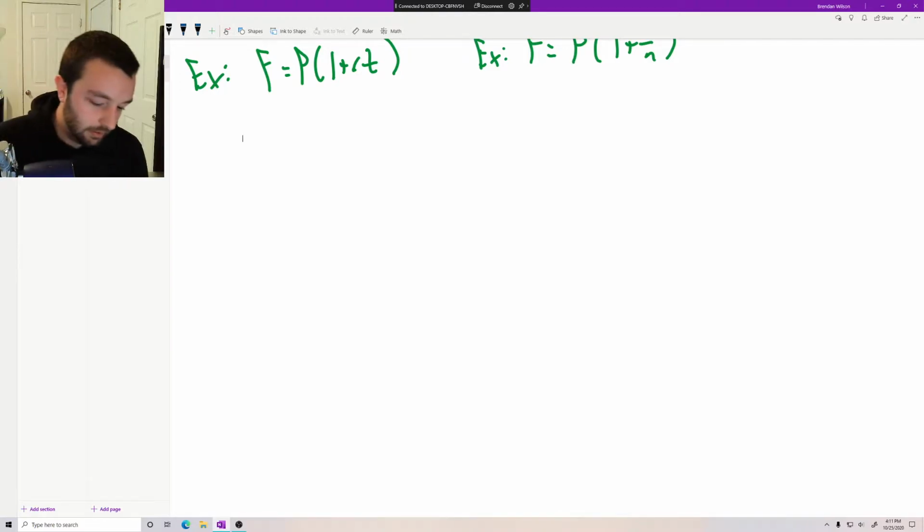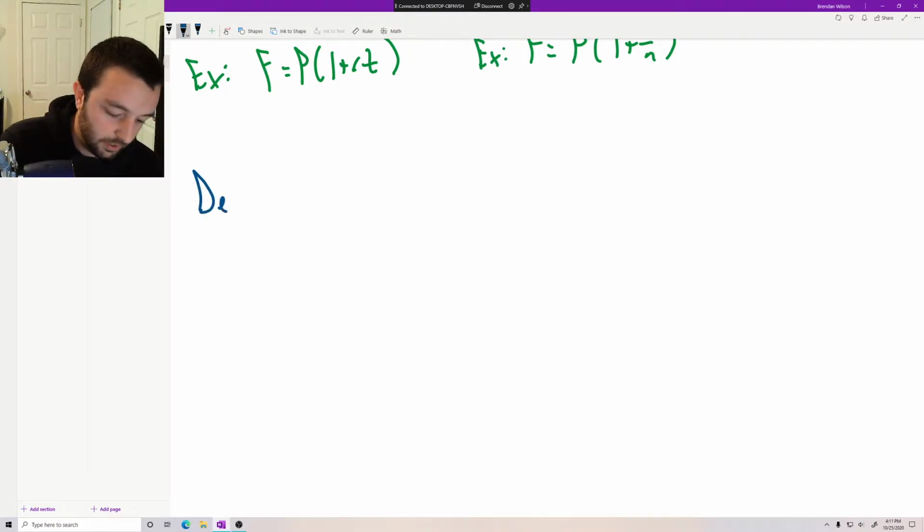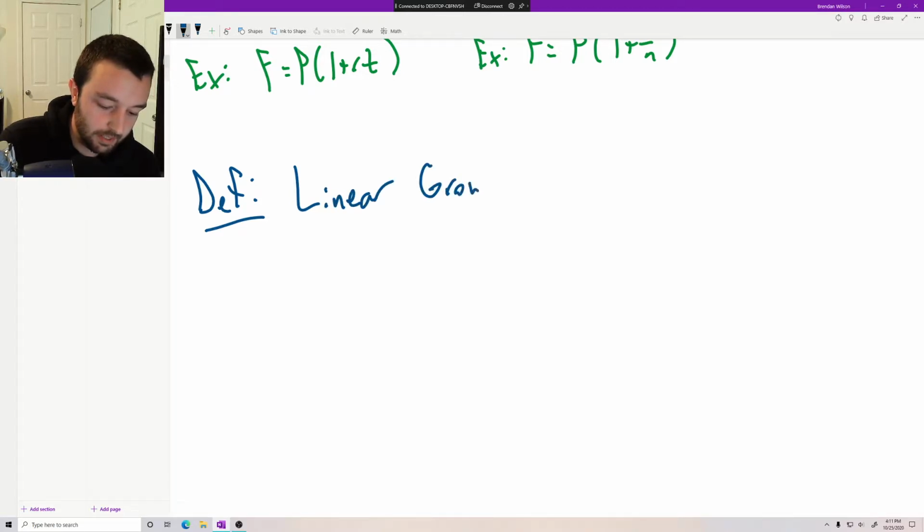So let's look at the definition of what linear growth is now. Okay. So I've just been talking about some examples, but let's actually define the words now.